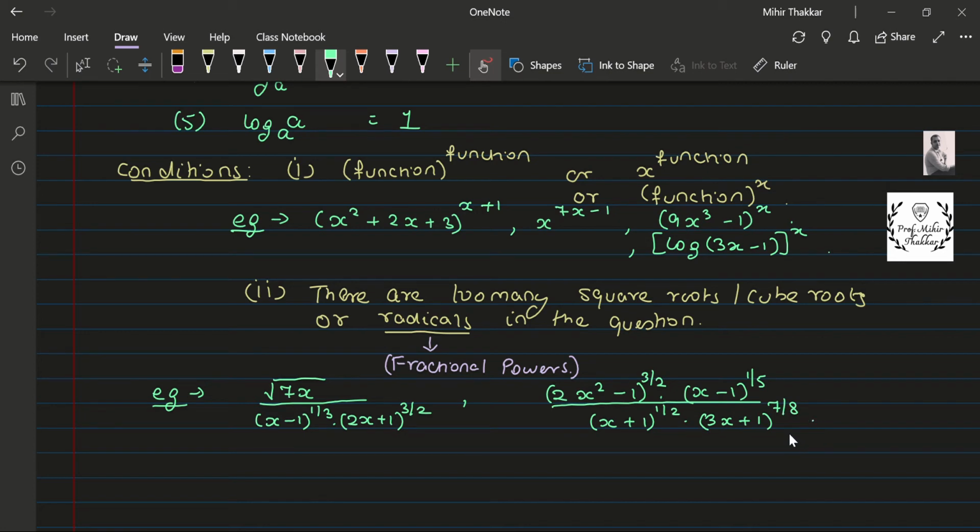So once again, there are lots of terms and lots of radical powers involved. This kind of question is going to be solved with the help of logarithmic differentiation. Now let's get started with how to solve these questions with the help of logarithmic differentiation.